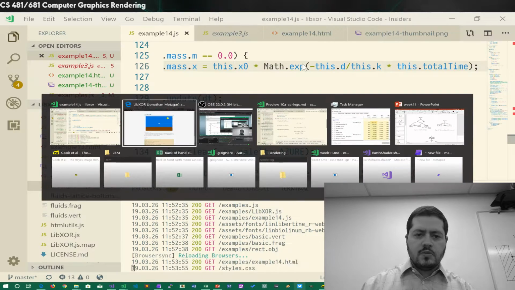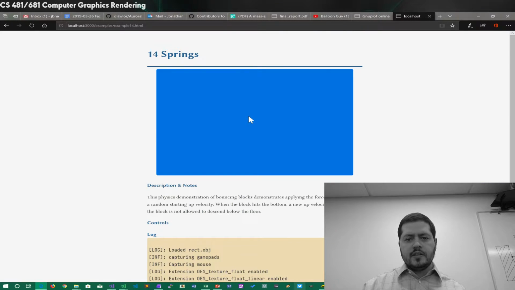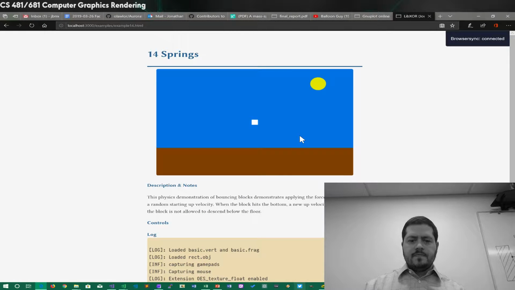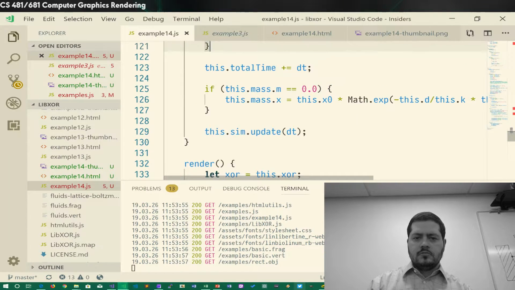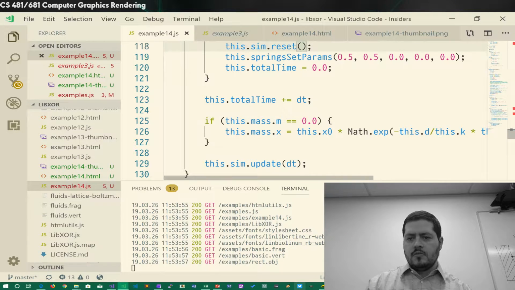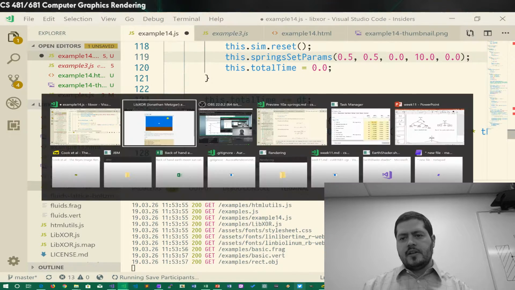All right, so theoretically, let's set it out to 10 and see what happens.